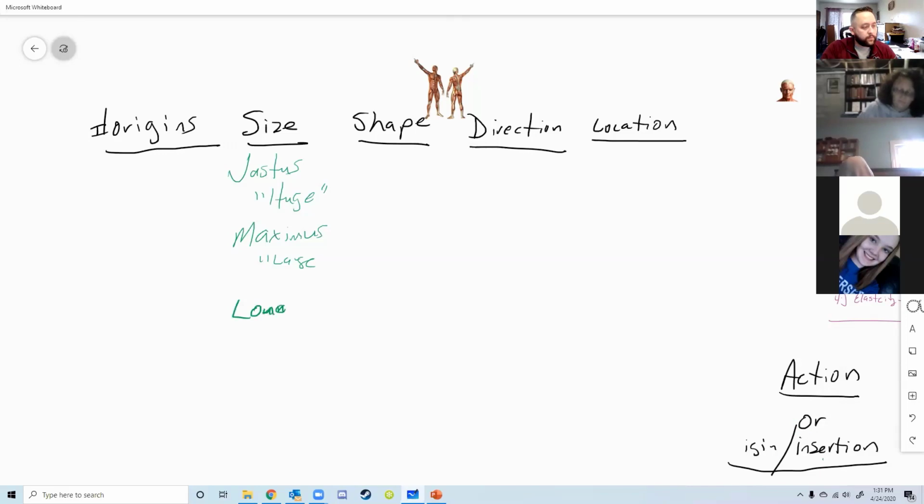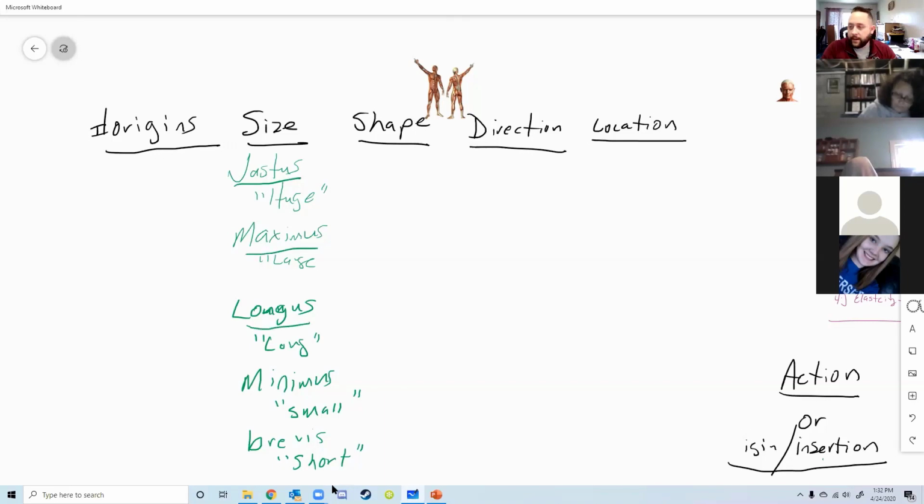Longus. Guess what that one means? Minimus, which is small. And then for short, it's actually brevis, like a brief period of time. Okay. So these big old scary Latin names of muscles shouldn't scare you. Think about it a little bit.